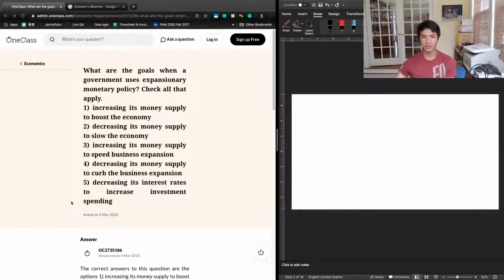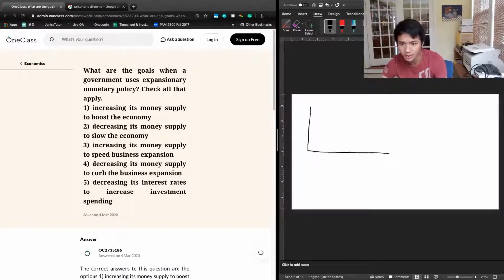So it's important to understand what expansionary policy means, right? Basically, you would engage in expansionary policy when the economy is producing at a level lower than the potential GDP. So you have long-run aggregate supply here, and this is potential GDP, and then you have short-run aggregate supply and aggregate demand.